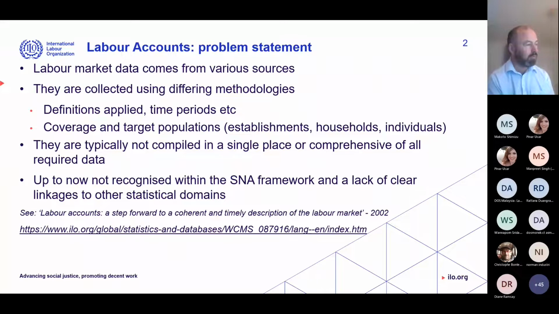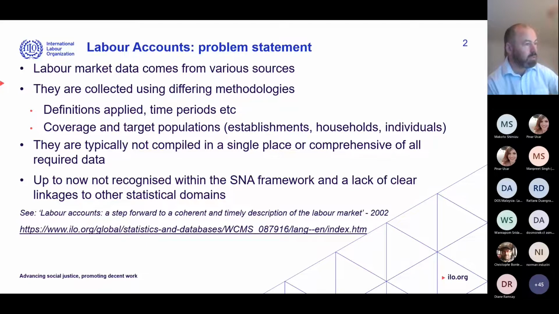Another problem that we have is they're not typically compiled in a single place or comprehensive of all required data. So within any system, we can have multiple organizations or multiple departments within an organization who are producing labor-related statistics or have control of different sources, but they may not be compiled into a single place for more comprehensive analysis.